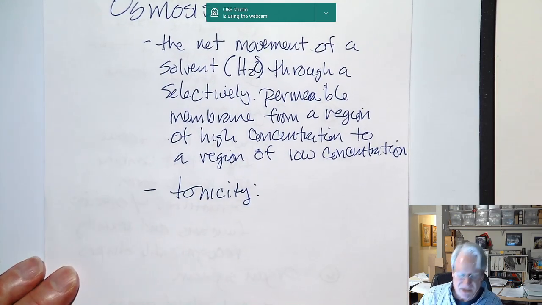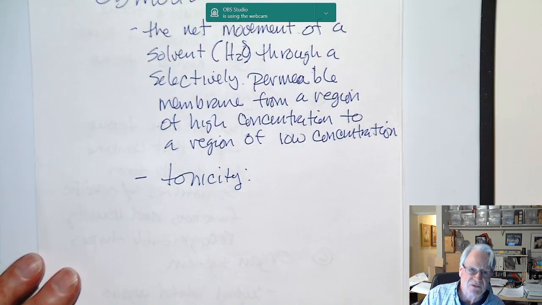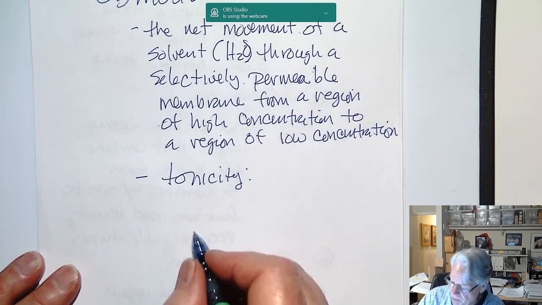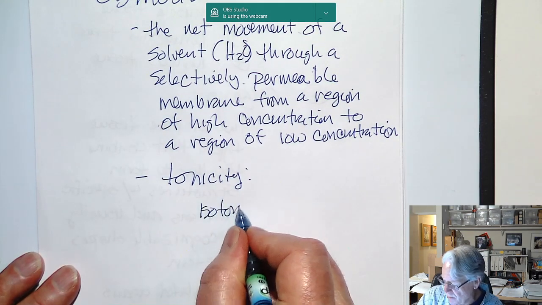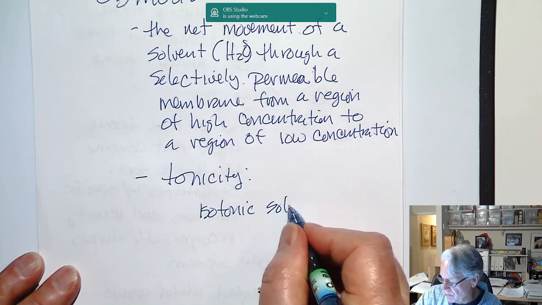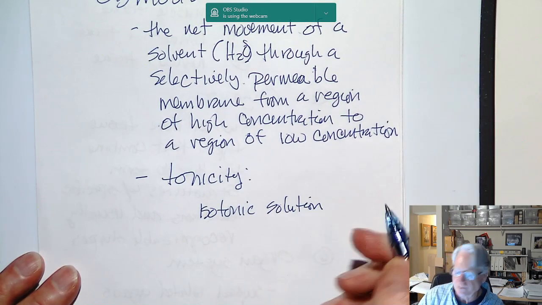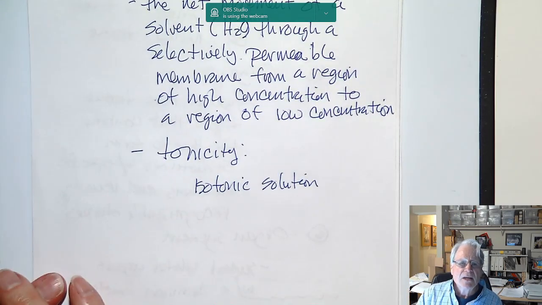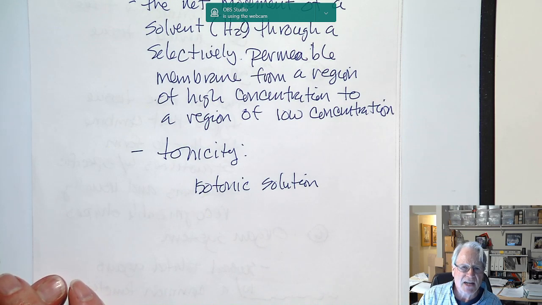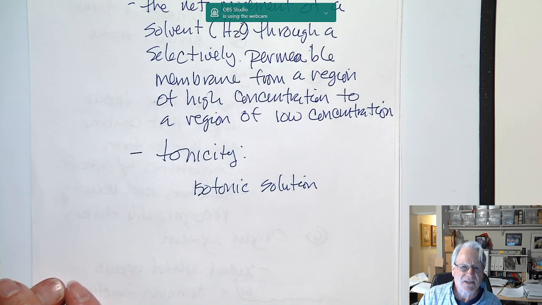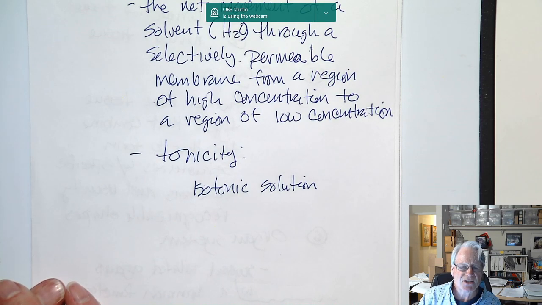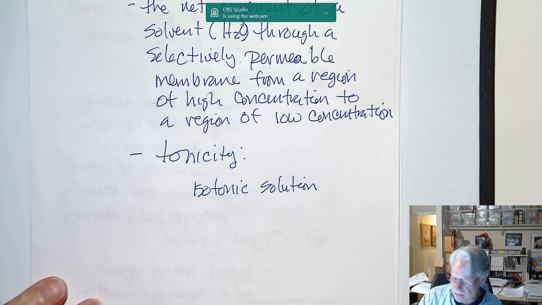So we talked about tonicity. And tonicity is the idea that we can have different types of solutions. So, for example, we can have an isotonic solution. And that means we have the same concentration of ions outside the cell as we have in the inside of the cell. So same concentration, isotonic.